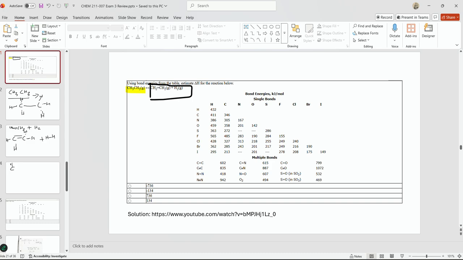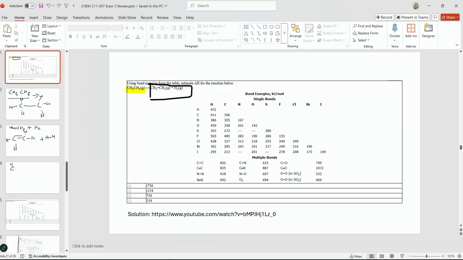How did you get 602 for C to C? This is right, but this is a double bond, and we're looking at the single bond here. The 346? 346, yes. Okay.